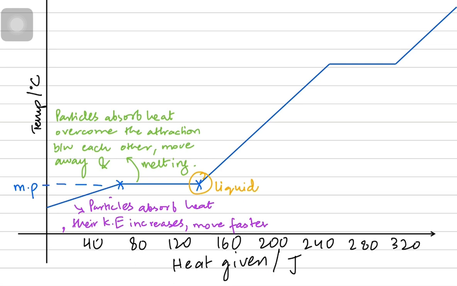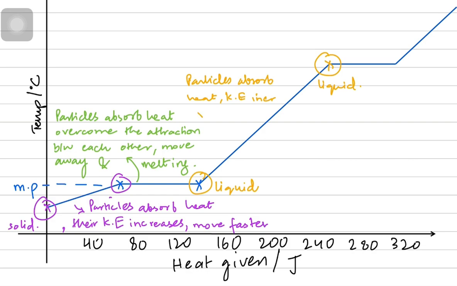All the ice has properly melted, it's liquid, and now if you still give heat energy, this water will absorb heat energy. And what is it going to do now? From solid to liquid, conversion has happened. Now it's properly liquid. After it has become a proper liquid, again the same thing will happen: particles will absorb heat energy.